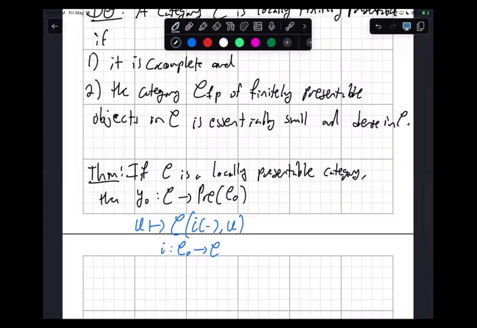Okay. If C is locally presentable, let's set C0 equal to C_FP, the finitely presentable objects, then this functor is fully faithful.